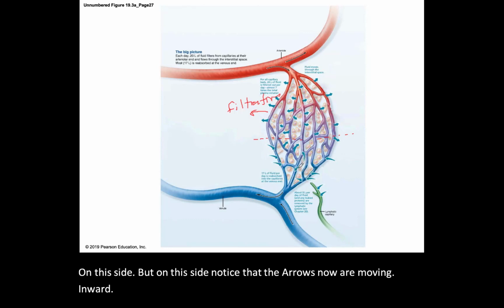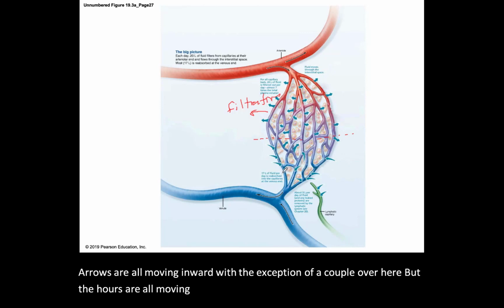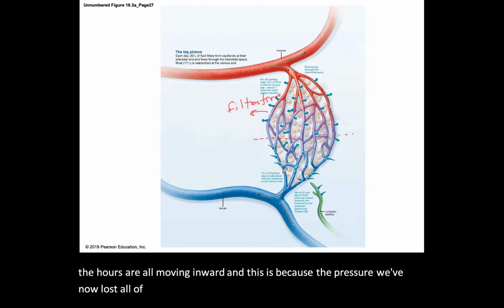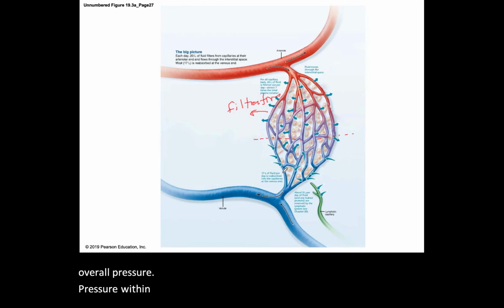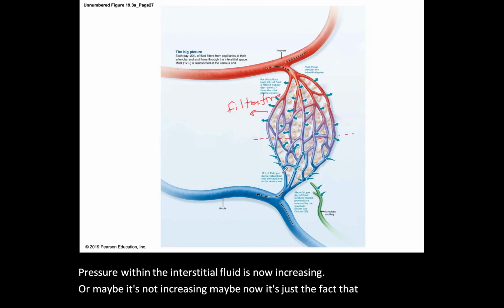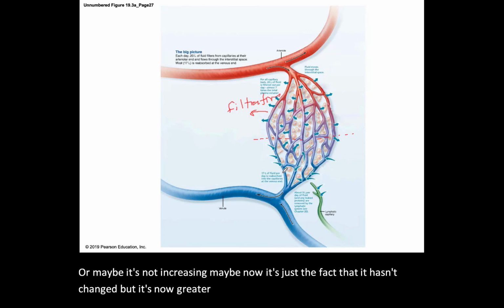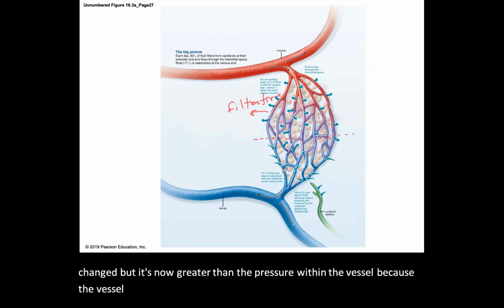But on this side, notice that the arrows now are moving inward. The arrows are all moving inward with the exception of a couple over here, and this is because we've now lost all of this fluid from within the blood. That's going to reduce the overall pressure. Pressure within the interstitial fluid is now greater than the pressure within the vessel because the vessel has lost the fluid.